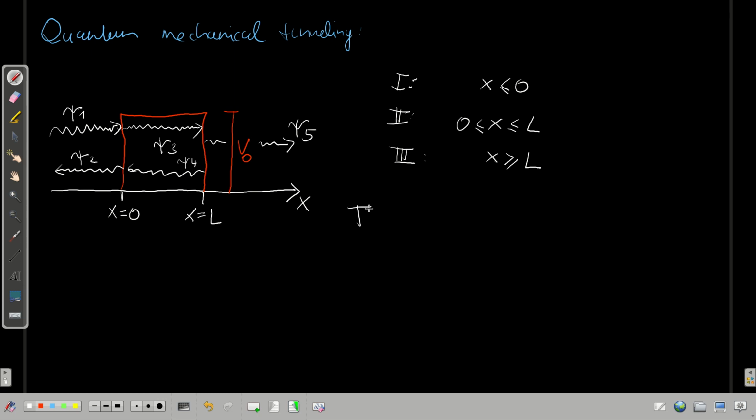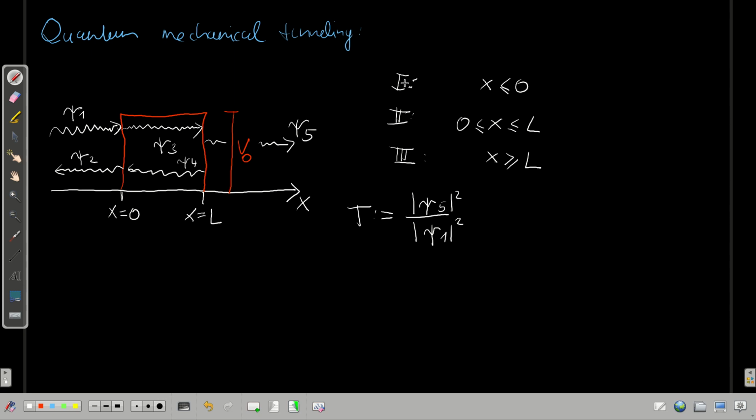So the transmission coefficient T therefore can be defined as the ratio of the probability density function of psi5 divided by the probability density function of psi1. And as you already know from quantum mechanics, this expression here describes the probability density.